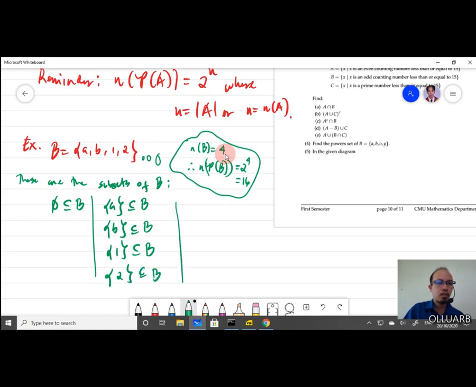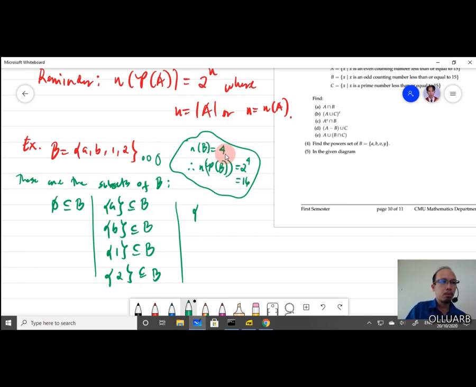So first get the subsets of B which contain only one element, and then the next one is take those subsets of B that contain two elements.